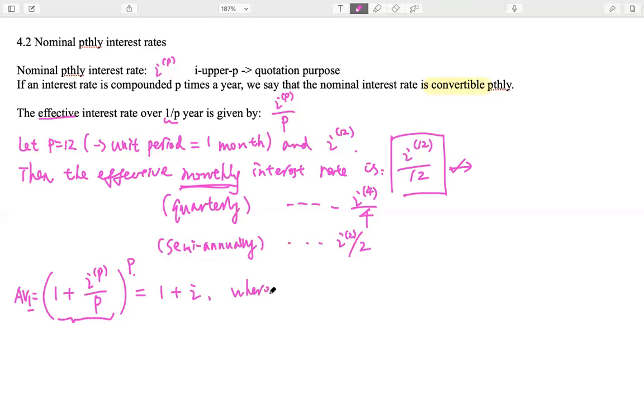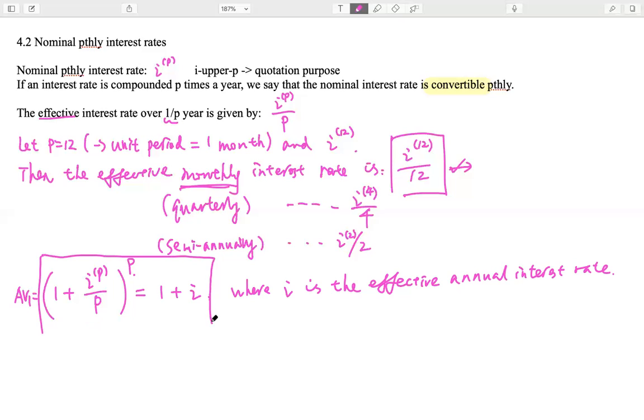So, I is the effective annual interest rate, right? From here, we get a relation. Let's say I is given, so let me remove this and put this into a nice box, because this is an important formula.